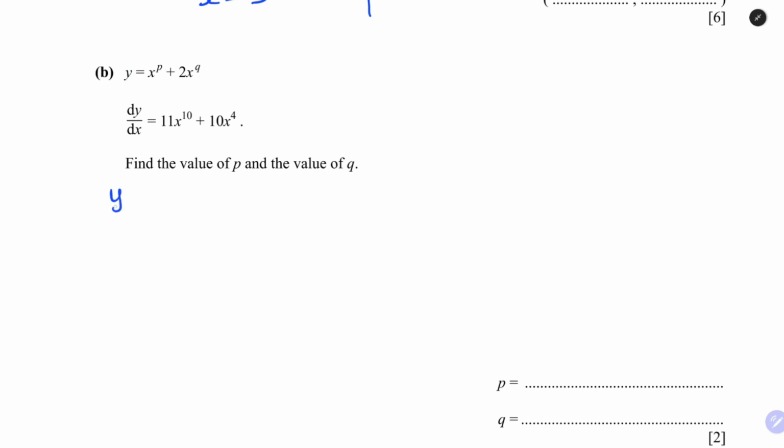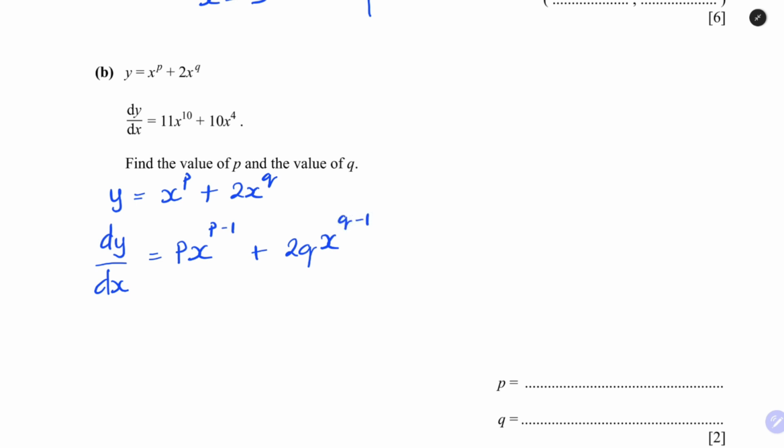So if y is equal to x raised to power p plus 2x raised to power q, when I differentiate this, dy/dx, it will be, remember the power comes down, that is p, x raised to power p minus 1, plus the power comes down here again, so this becomes 2q x raised to power q minus 1.